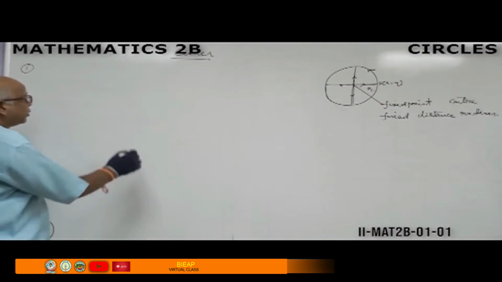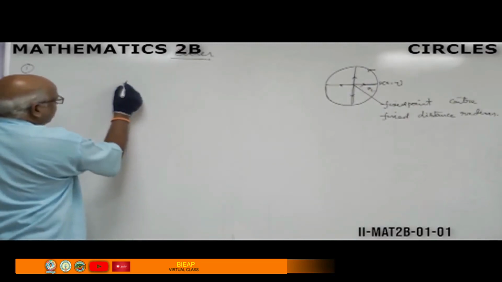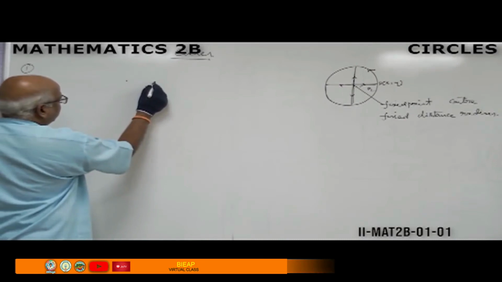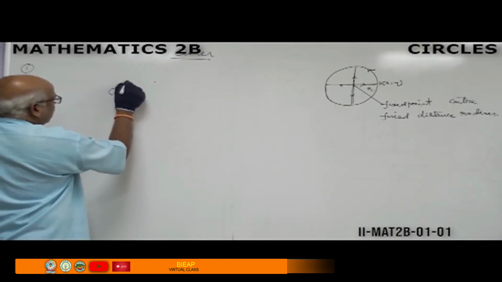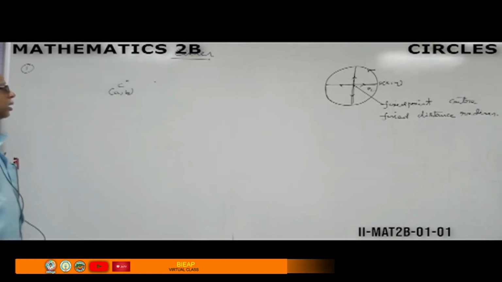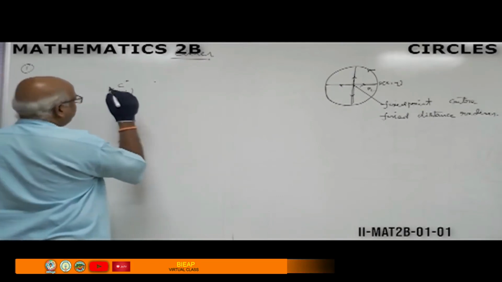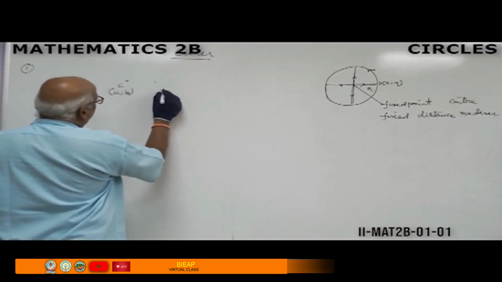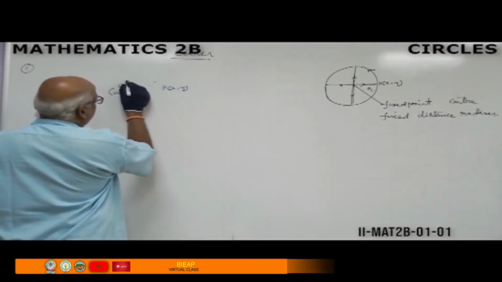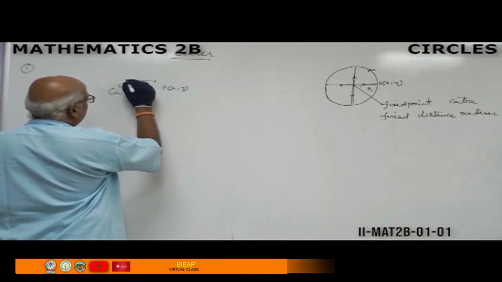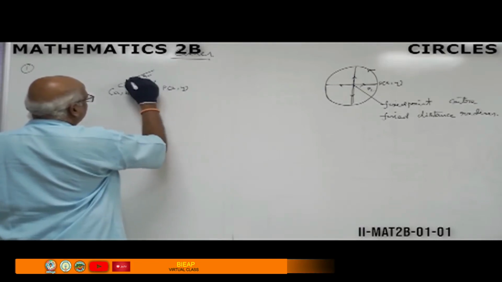That means there is a point which does not vary, which does not change. Another point is there that always changes. Let us take the coordinates of the point which does not move, the fixed point, as (a, b), and the moving point coordinates as (x, y). The distance between these two is always equal in all directions, r.